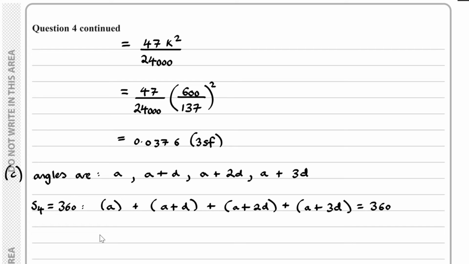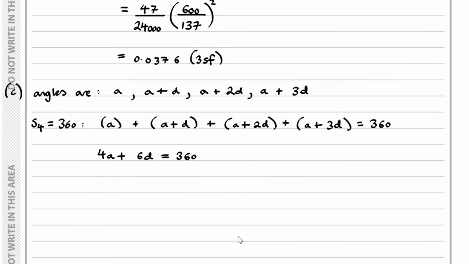So we have 4A plus 6D, which is equal to 360. So if we simplify all this, you can see 2A plus 3D is equal to 180.